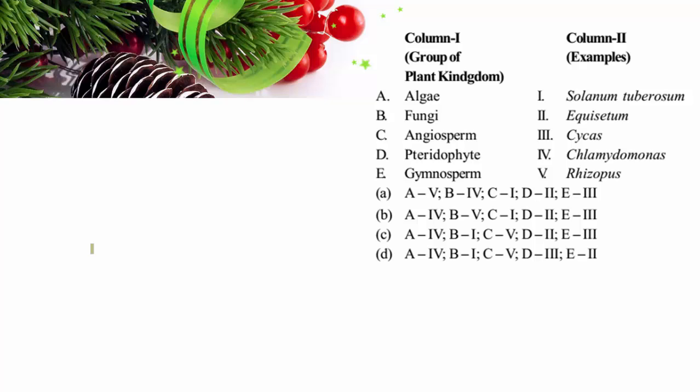Group of plant kingdom is given in one column, and examples for those plant kingdom are given in another column. Let us find out which are the accurate matchings. Here, for algae the right option is Chlamydomonas.